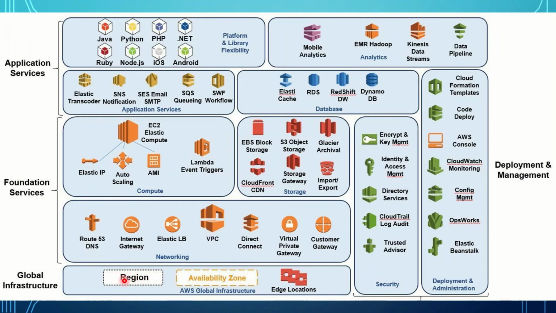Besides having a region, there are availability zones which are actually independent data centers in a particular region to maintain fault tolerance and scalability. For networking, AWS provides its own DNS known as Route 53.